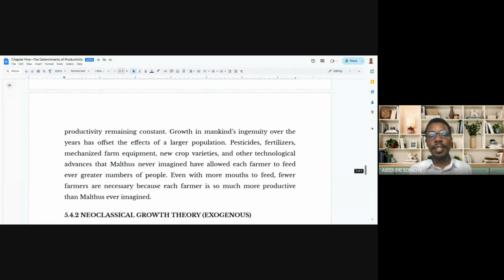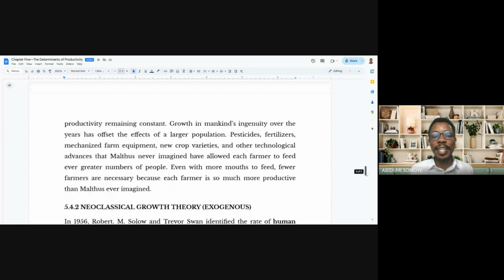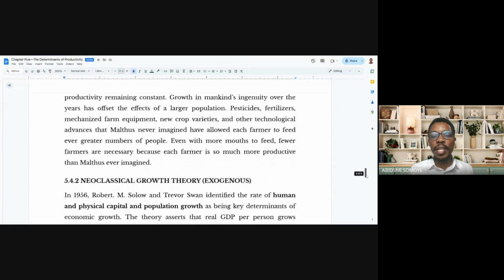Pesticide, fertilizers, mechanized farm equipment, new crop varieties, and other technological advances that mortals never imagined have allowed each farmer to feed ever greater numbers of people. Even with more mouths to feed, fewer farmers are necessary because each farmer is so much more productive than mortals ever imagined.